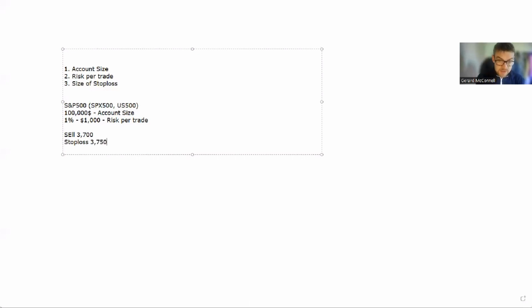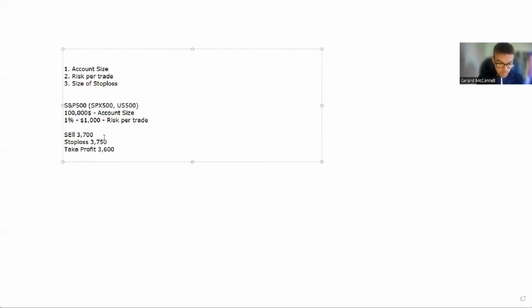Maybe you're a swing trader and you're adapting that. So your stop loss is 3,750, and TP is take profit, I'm just going to put in the full abbreviation. Take profit is, let's say, 3,600. Just using that example.